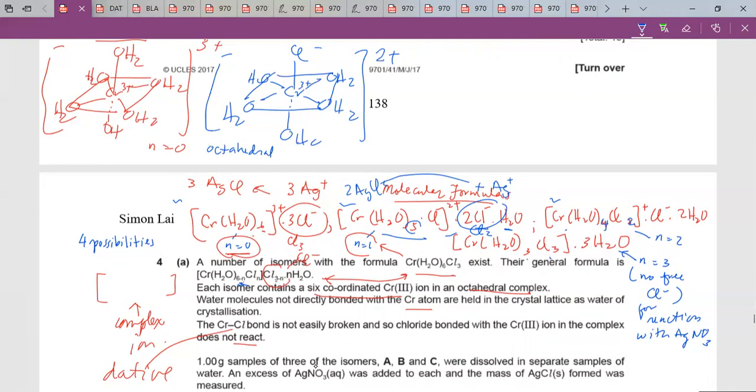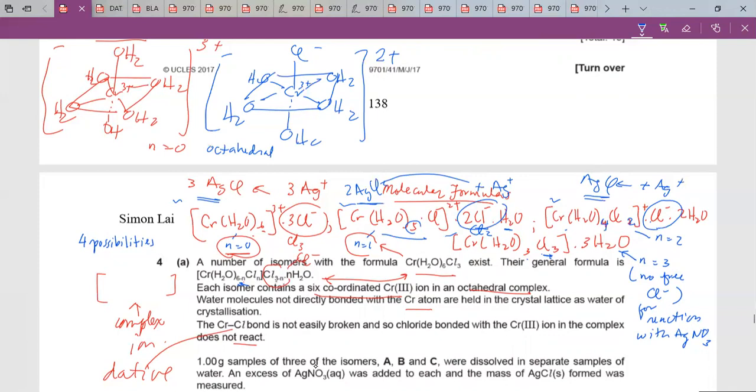For this one here, there's 1 chlorine outside. So when you react with silver nitrate, 1 mole gives you just 1 mole. So it's 1 mole here, 2 moles here, and 3 moles here for every mole of your structural isomers. Here there's none, because all 3 chlorines are attached datively to the chromium here, so it's very strong, they won't come out.